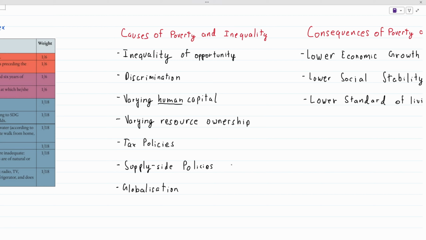Or if there's a proportional tax applied through all the classes, obviously the higher classes, since they have more resources, will be able to pay that off with a lesser burden. Hence, it worsens the situation of the lower classes. So we'll look into this a little bit more in detail through some models as well.